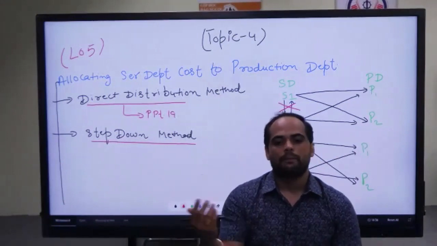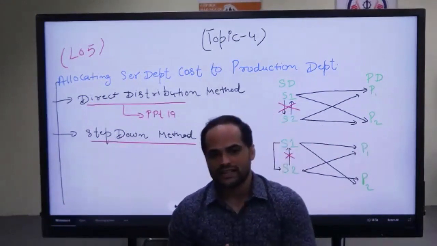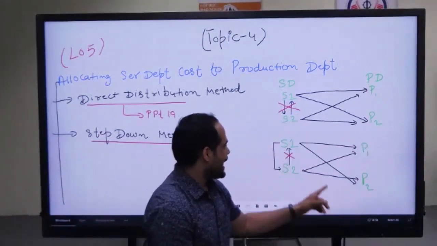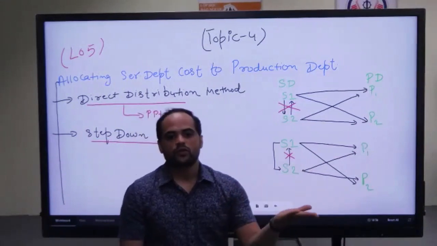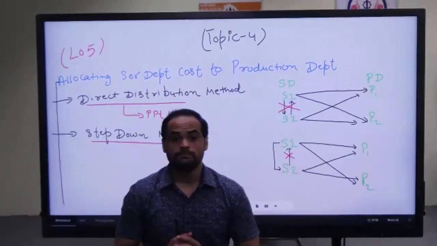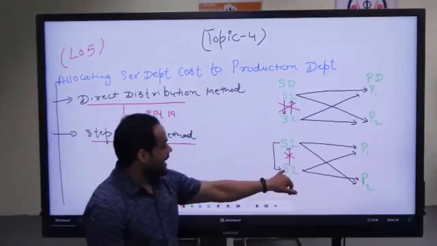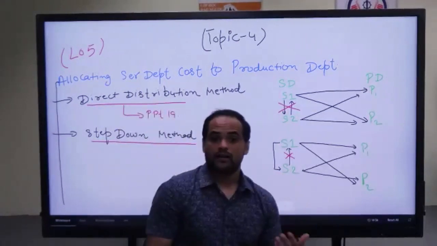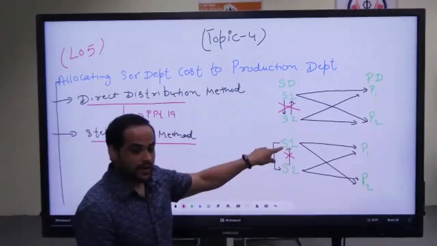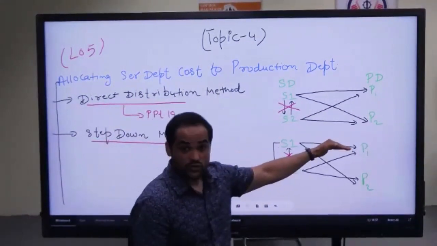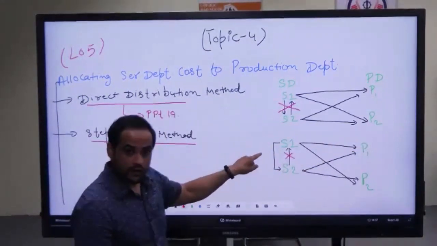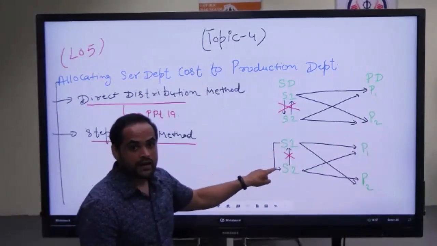So what is an example of this? Let's say S1 is the human resource department, which is a service department, and S2 is a marketing or advertising department. What does it mean? The human resource department provides workforce, which means services, to the production departments, and the human resource department also provides workforce or services to the marketing department.